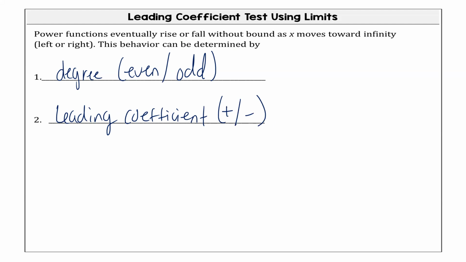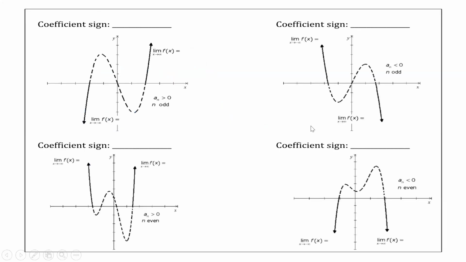And fill in the blanks for the limit. I'm going to give you 5 minutes to do all 4 graphs. I think that's fair. 5 minutes may actually be too much, but you're telling me the degree, coefficient, and then describing the limit.